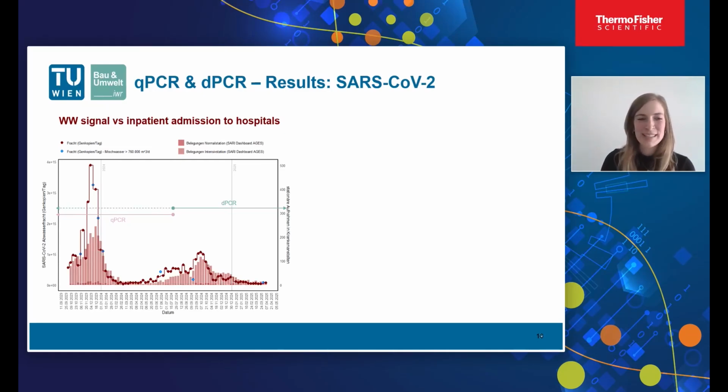And luckily, we can see that the trends of the wastewater, which would be the little brown dots, and the bars in the back, so the bed occupancies, fit together quite nicely. On this graph, you can also see at which point we started doing the dPCR measurements. Before that, as mentioned, we did qPCR quantification.